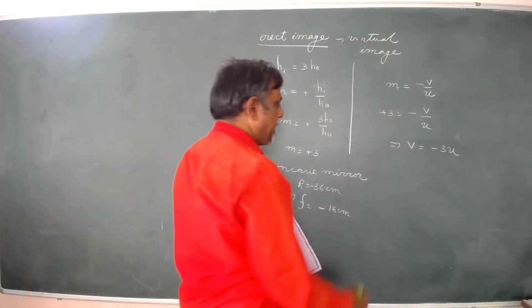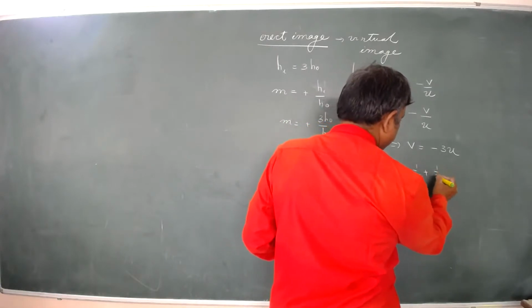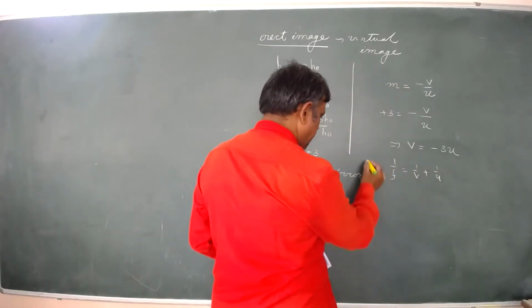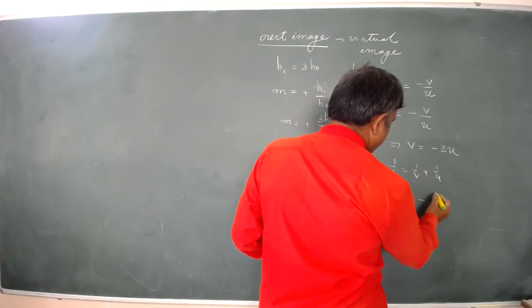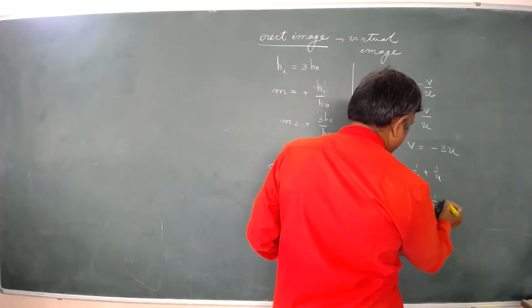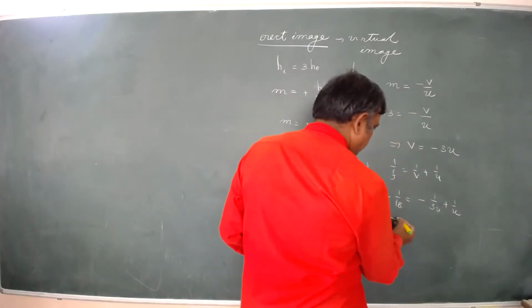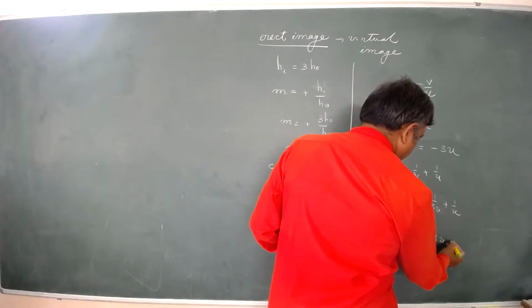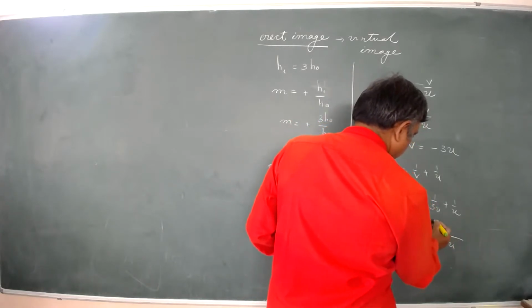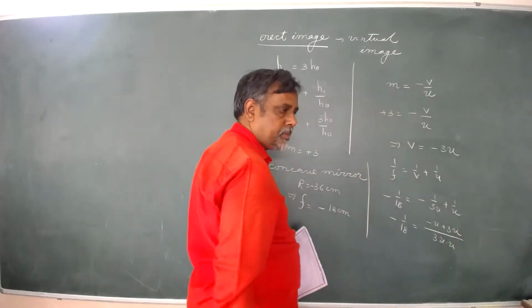Got it? So by mirror formula, 1 by f is equal to 1 by v plus 1 by u. Minus 1 by 18 is equal to minus 1 by 3u plus 1 by u. Understood? So minus 1 by 18 is equal to, 3u is the LCM, minus 1 plus 3 by 3u.